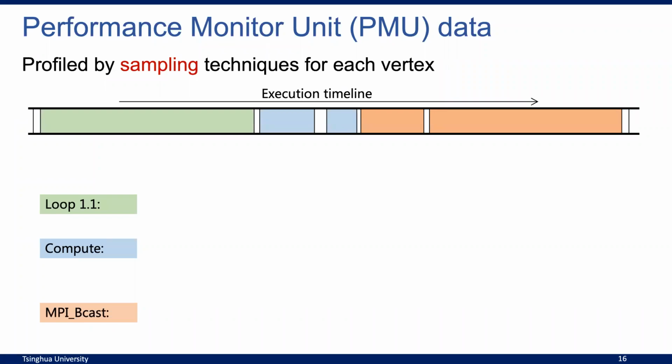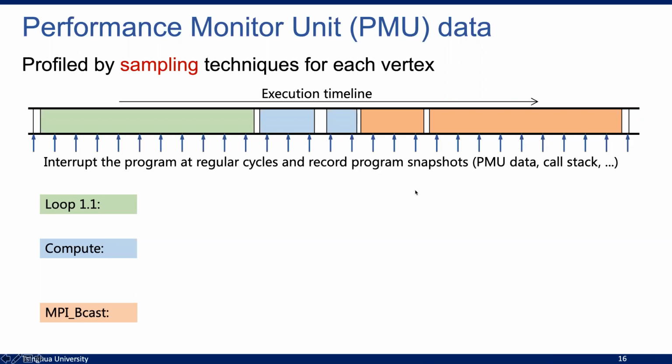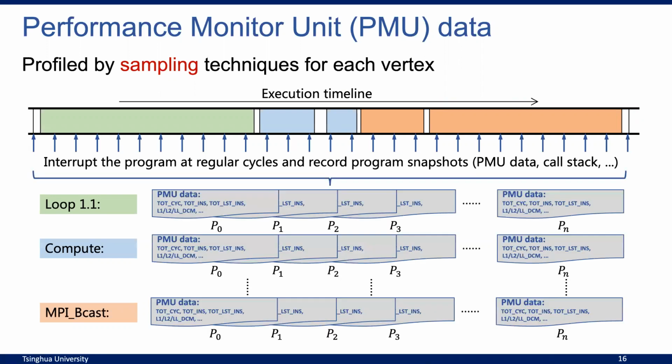For example, this is an execution timeline. Different colors represent different code snippets in the program. The core idea of sampling is to interrupt the program at regular clock cycles and record program snapshots. For each code snippet and each process, we collect PMU data in this way.